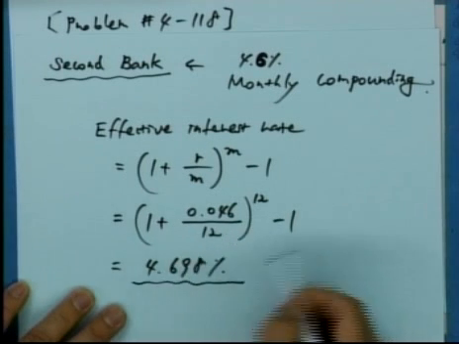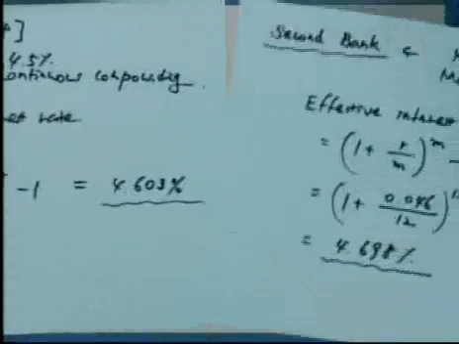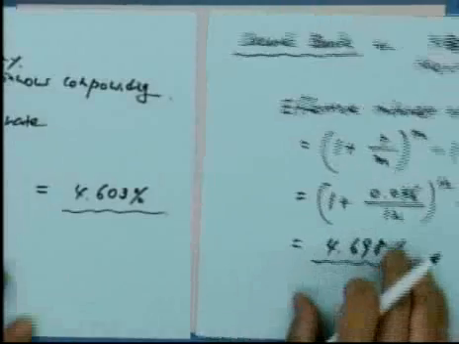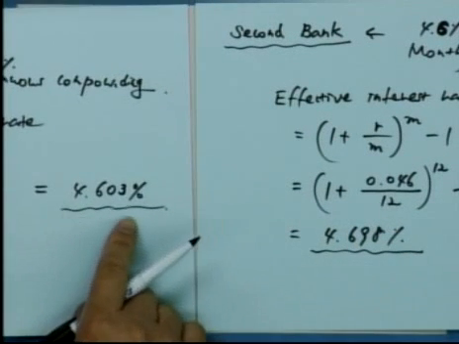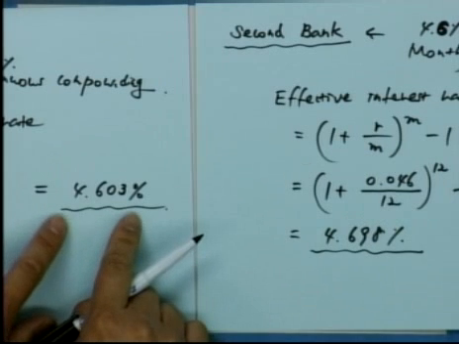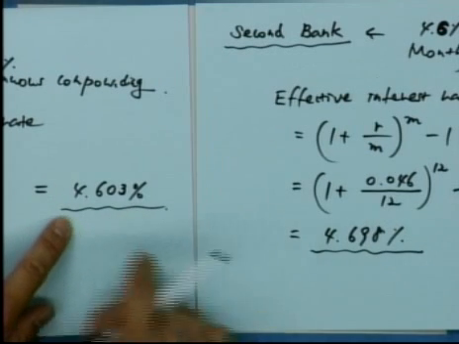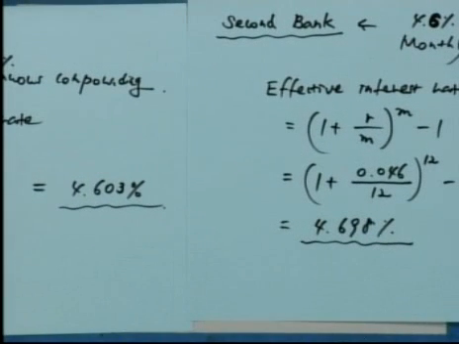Okay, this is 4.698%. So you need to compare this value with the one in the first bank. The first bank provides 4.603% and the second bank provides 4.698%. So what is your conclusion?